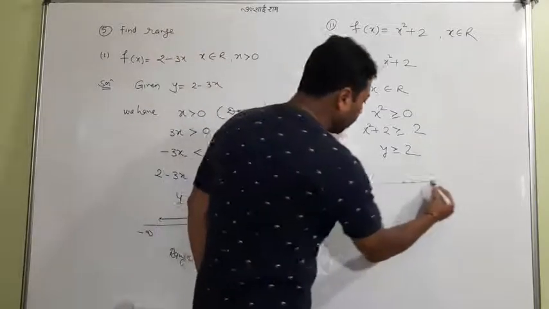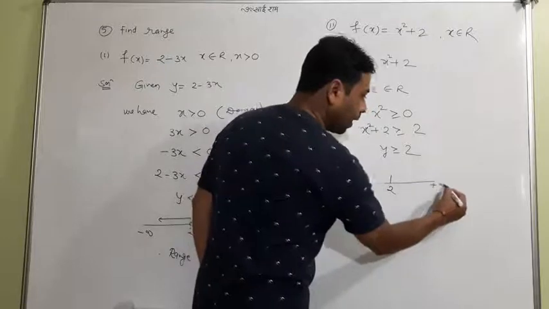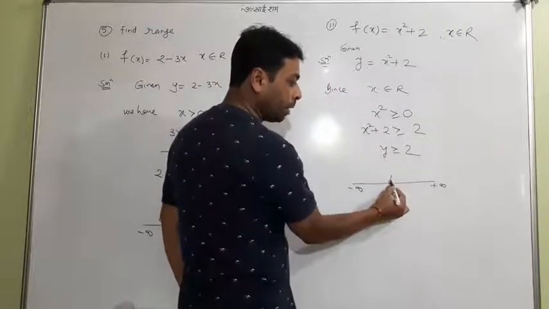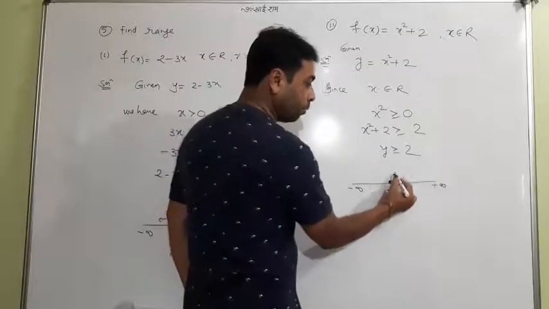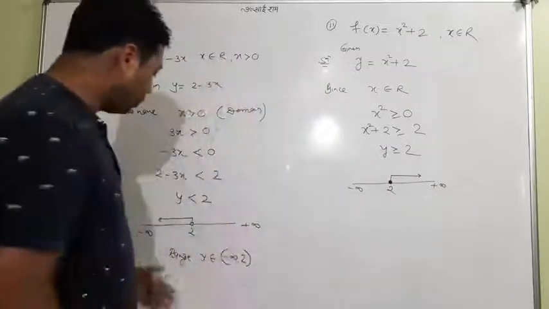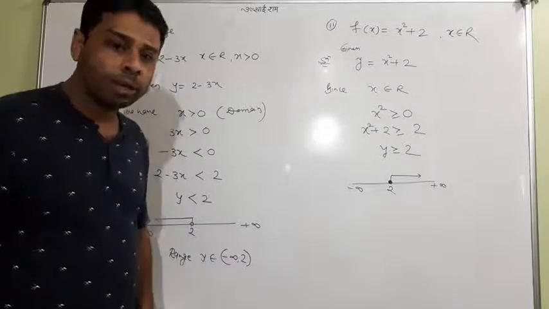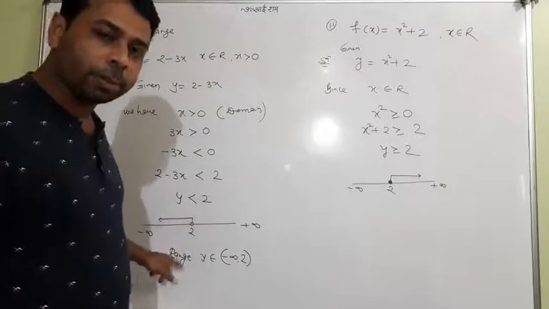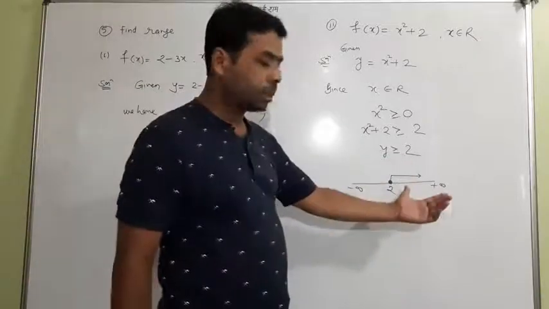If you go on the number line, students, you will feel it is a very easy answer. y equal to 2 means a dark bubble I'll use here, and y greater than 2 means this side. If you see these two questions you will compare: y less than 2, I made this kind of number line; when it's greater than 2, I made this kind of number line.